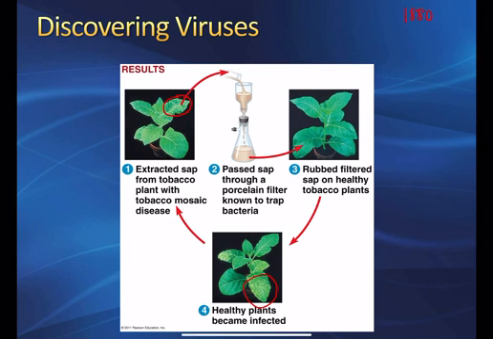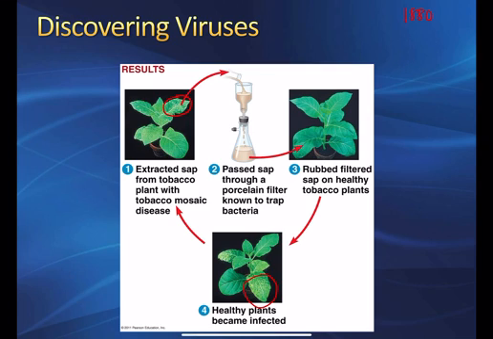And so what they did is they extracted the sap from the tobacco plant and they passed it through a filter that was known to trap bacteria. It was a very fine filter. And then they took that filtered sap and rubbed it on a healthy plant. Well, what they found out was that the healthy plant got infected as well. So whatever it was was not trapped by that bacterial filter.